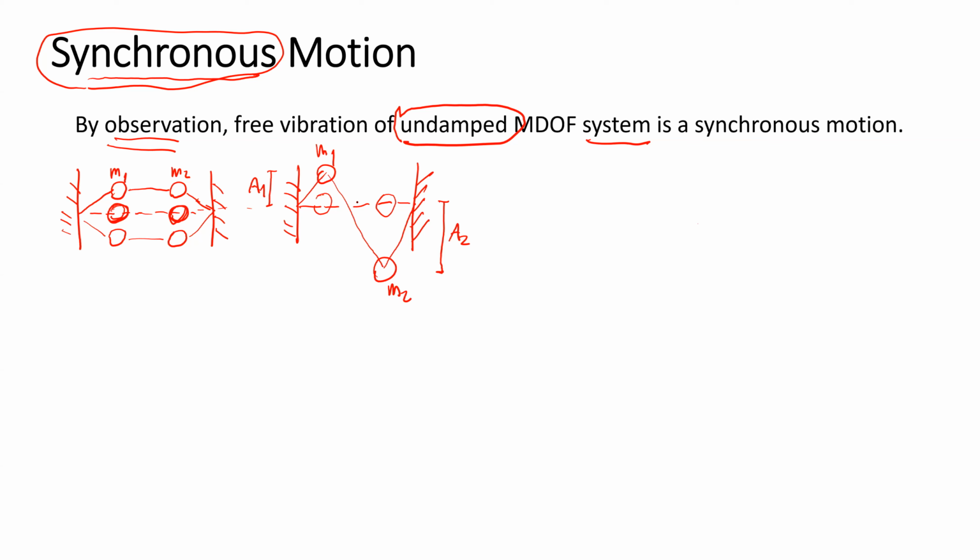But the coordinate of M1 is x1, and the coordinate of M2 is x2. x1 and x2 can differ in magnitude, but they have the same frequency of vibration, and the phase shift can only be 0 or 180 degrees, but cannot be different because they pass the equilibrium at the same time.